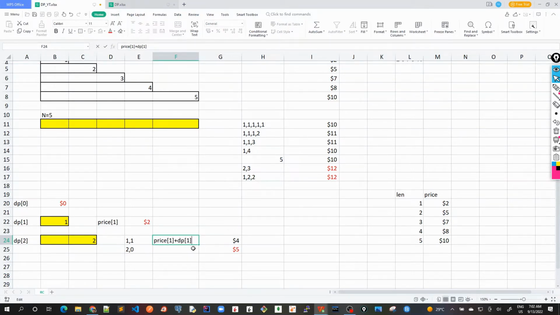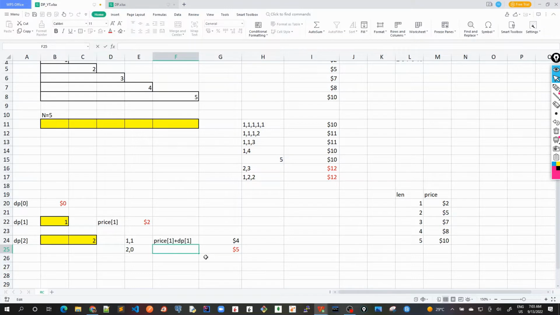Now, this is how the dynamic programming solution is done. We always find the sub-problem solutions, then we store those solutions and reuse them at the higher level. We already found the solution for DP1, the maximum profit available for a rod of length 1, and then we reuse it here in DP2, where at a higher level we are reusing what we have already computed before.